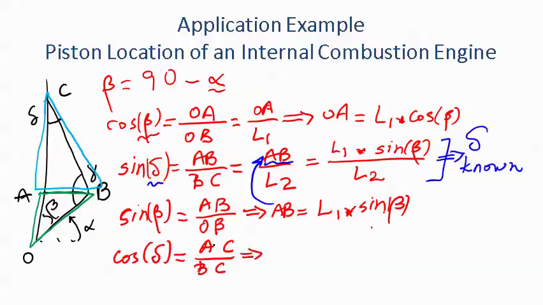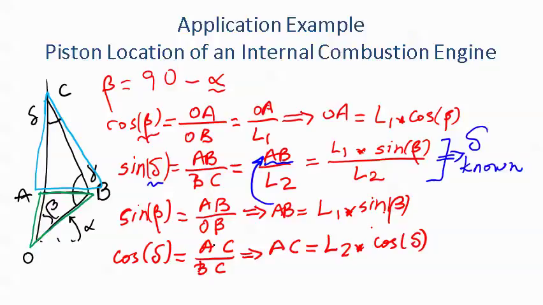And from here we can find AC as BC, which is L2 times cosine of delta. But delta is known, L2 is known, so AC can be calculated.